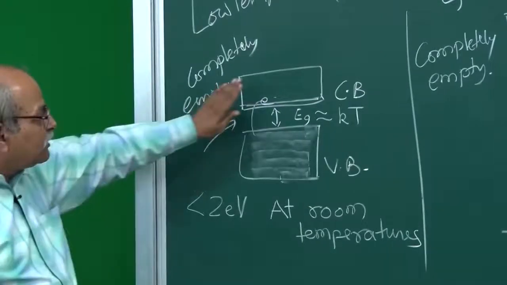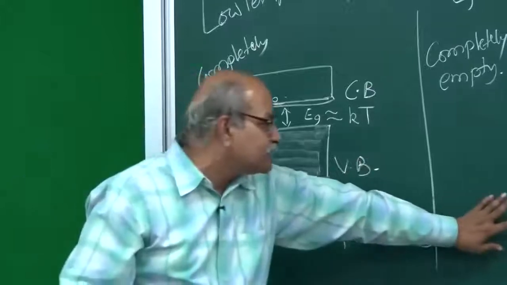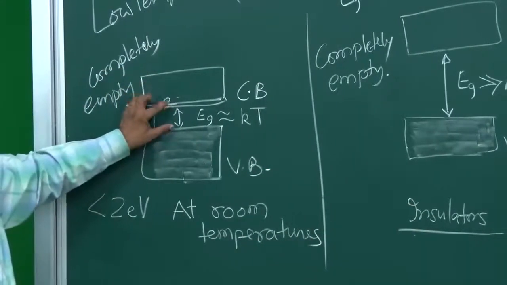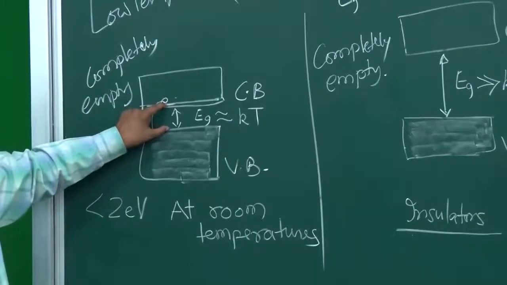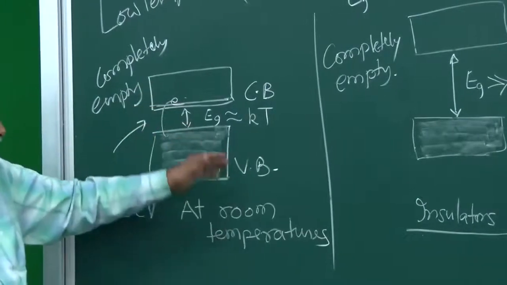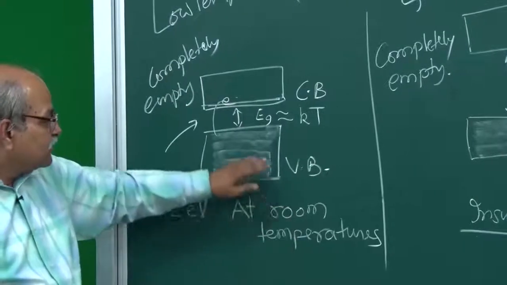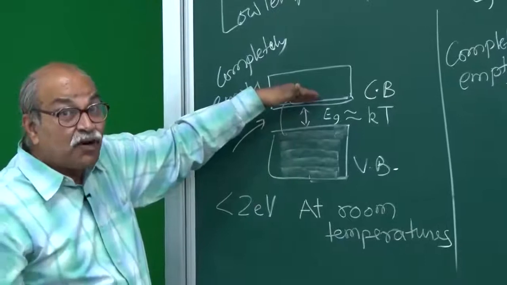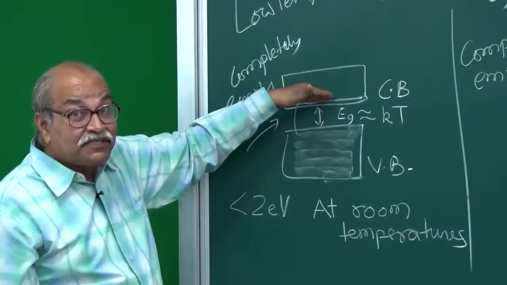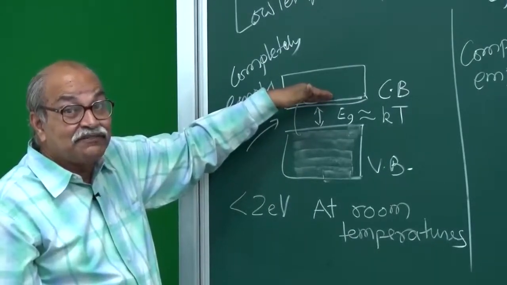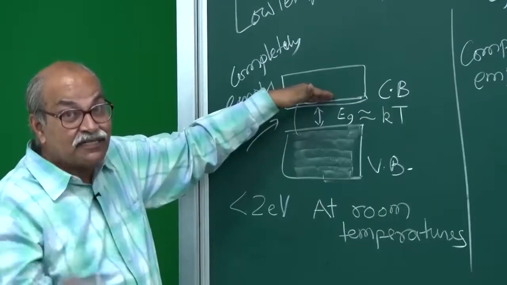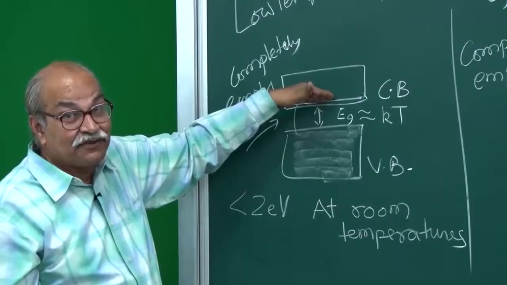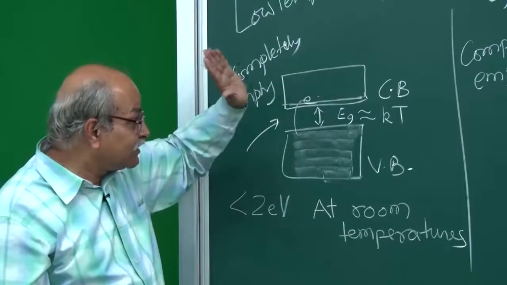So, although the band structure is similar to that of an insulator, because this gap is not very large as compared to kT, at room temperature or normal working temperatures some of these quantum states get occupied. And that some can still mean 10 to the power 13, 14, 15, 16 if the total is 10 to the power 23. Some does not mean 5, 10, 15 or 50. So, that number is sizable.